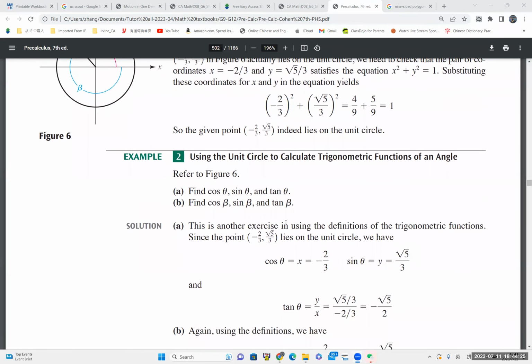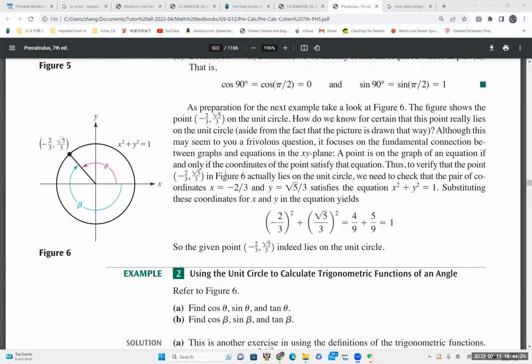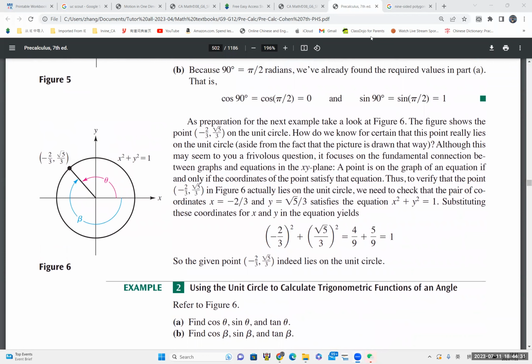Now let's try one, refer to figure 6. How about this one by Leo? Part B by Ray.